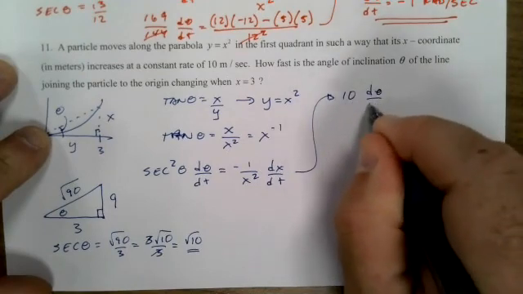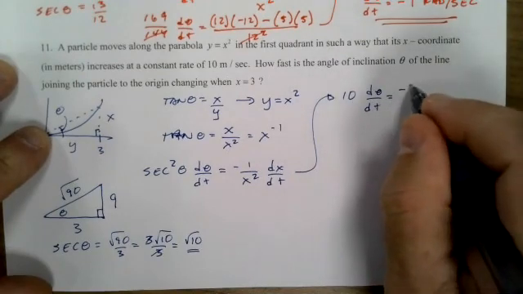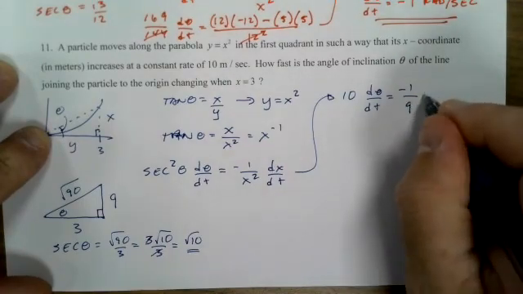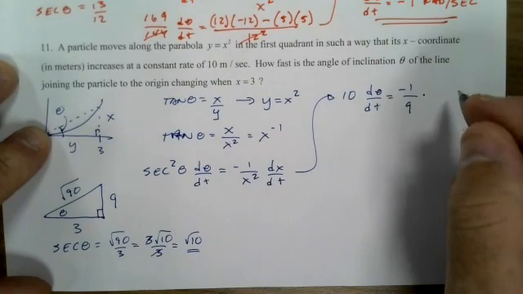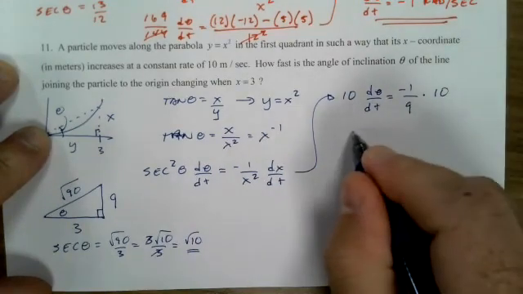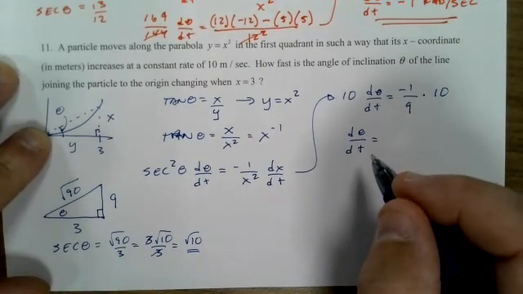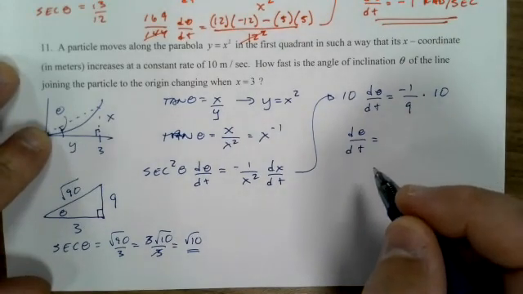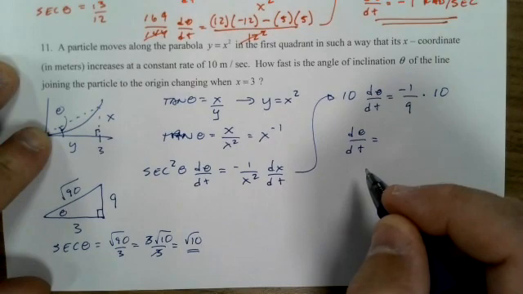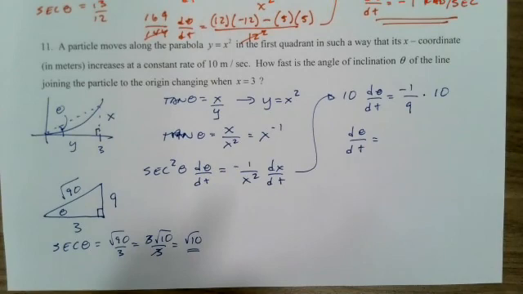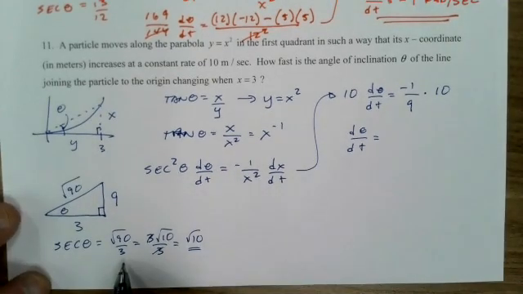So root 10 squared is 10. d theta/dt equals 1 over 9 times 10 d theta/dt equals... I'm confused what I did wrong. I found a mistake here. Okay, let's see if I'm right or if my old note is right.